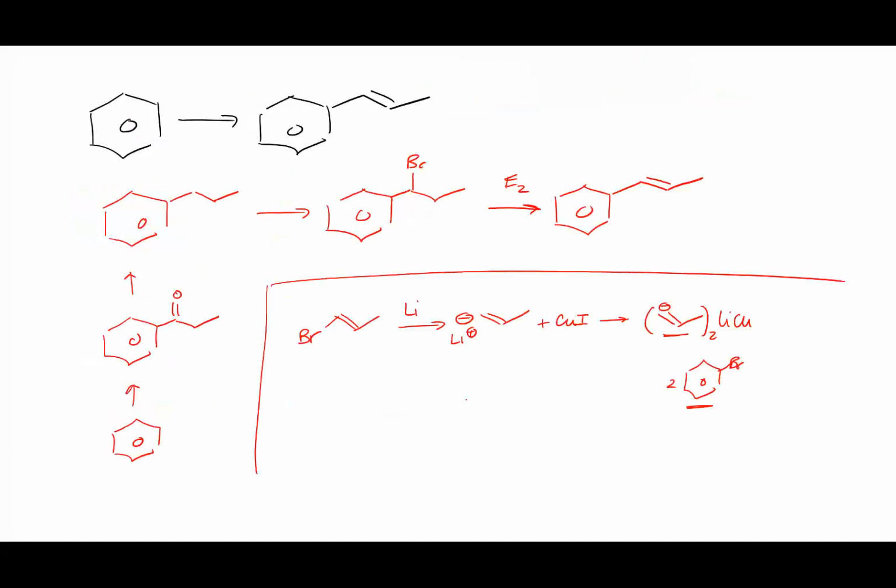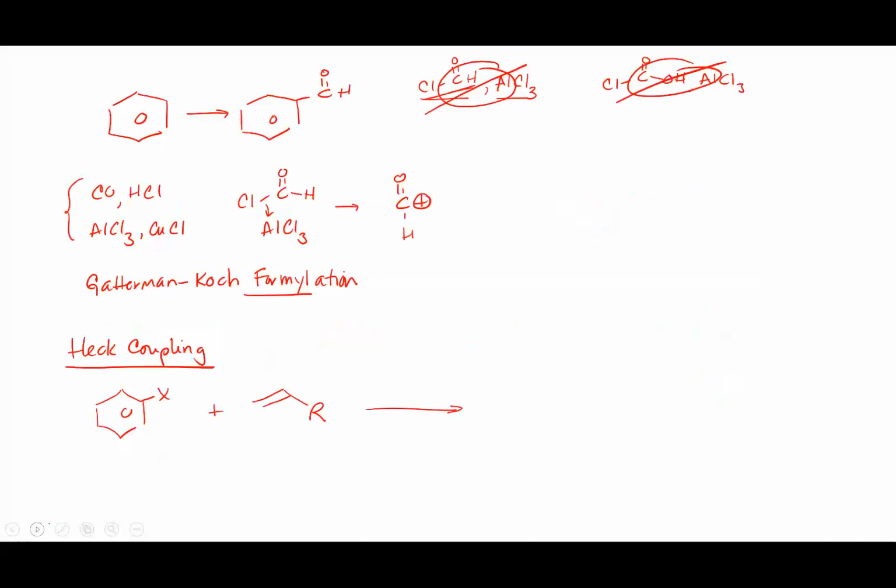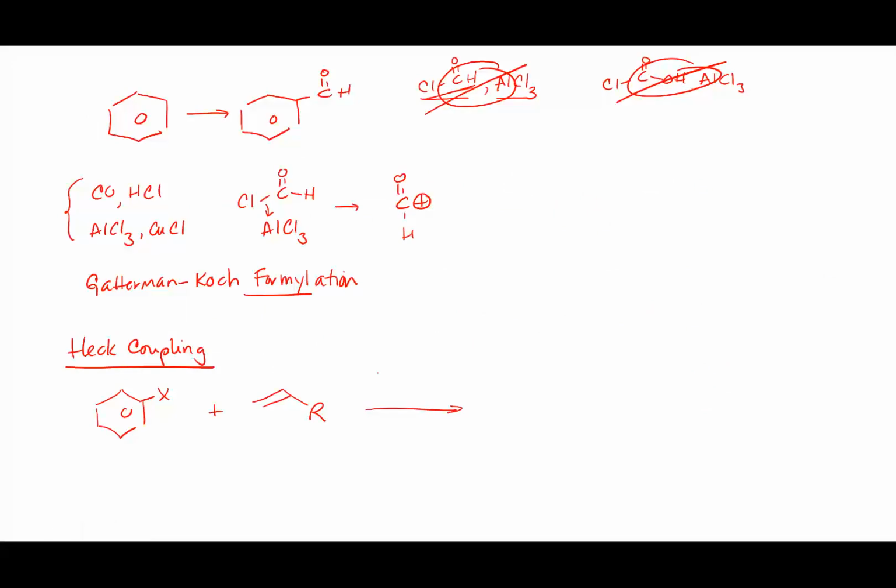So what we actually use here is palladium, and then the OAc is the deprotonated acetic acid. So we've got a palladium 2+ ion with 2 acetates as our counter ions.